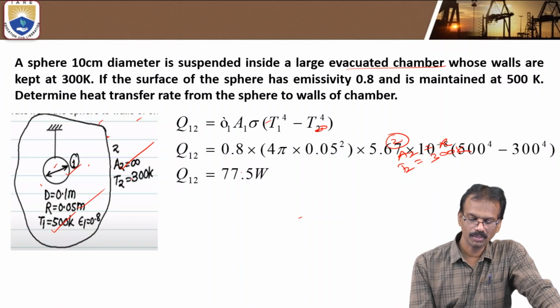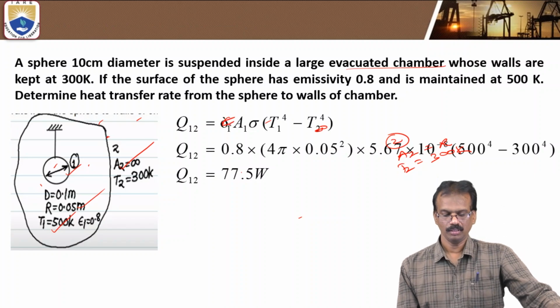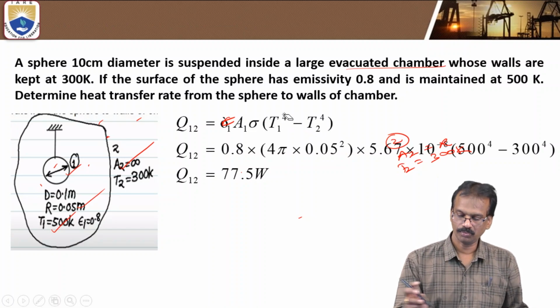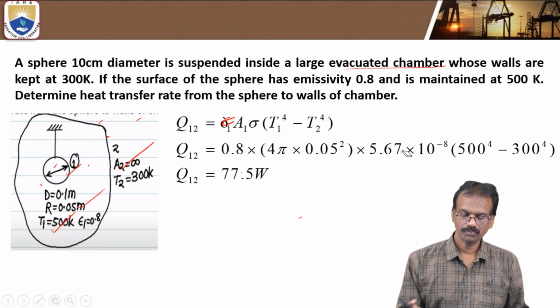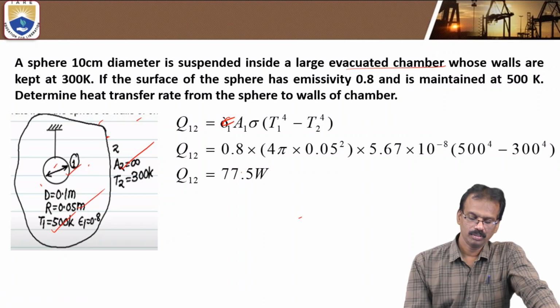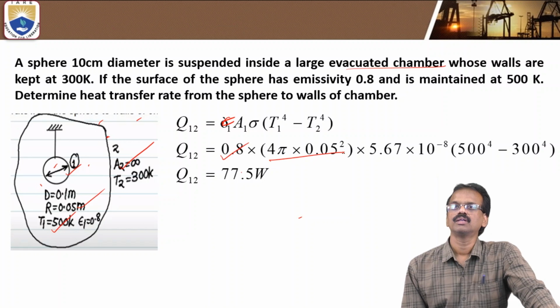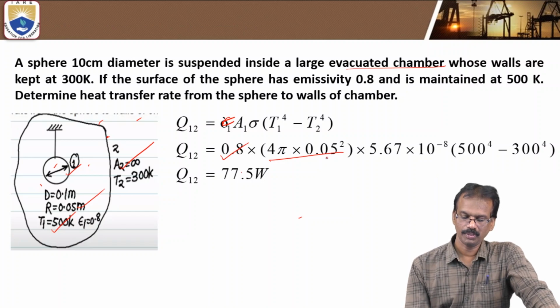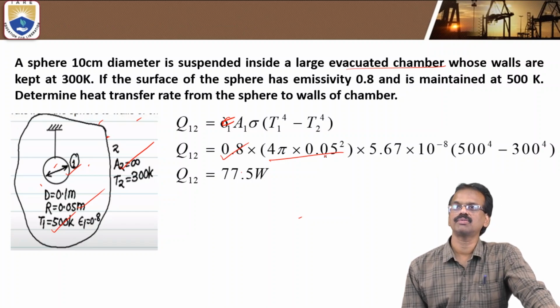Then you know the formula: epsilon 1 into sigma A1 into T1 to the power of 4 minus T2 to the power of 4. If you substitute the value of epsilon 1, that is 0.8, and the area 4 pi, because this is a sphere, we just have to remember 4 pi r square, with r equal to 0.05 whole square, into sigma.